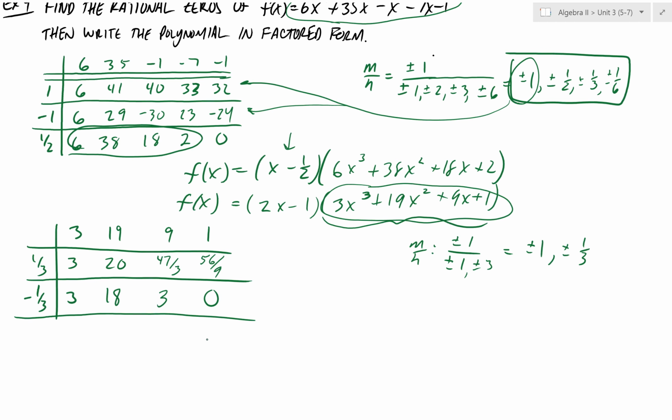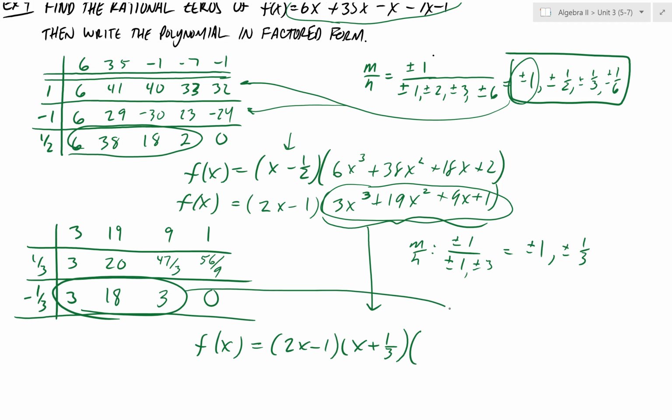So now we know that f of x can be written as our original factor, 2x minus 1, and then this cubic polynomial can be written as x plus 1/3 times, those numbers give us the coefficients for that factor, which is going to be 3x squared plus 18x plus 3.